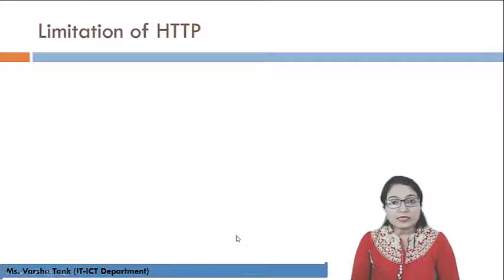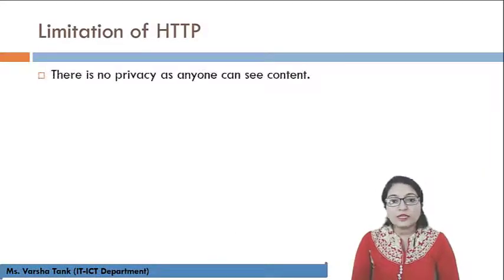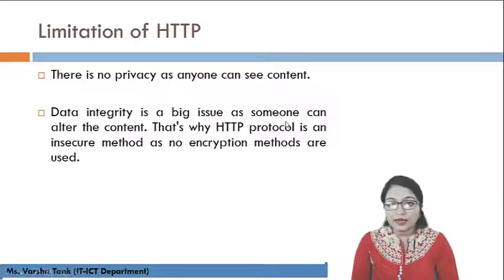Now the next one is the limitations of HTTP. So which are the limitations of HTTP? Let's see. First, there is no privacy, as anyone can see the content if we are not using HTTP with security. Data integrity is a big issue, as someone can alter the content. That means interceptions can happen.